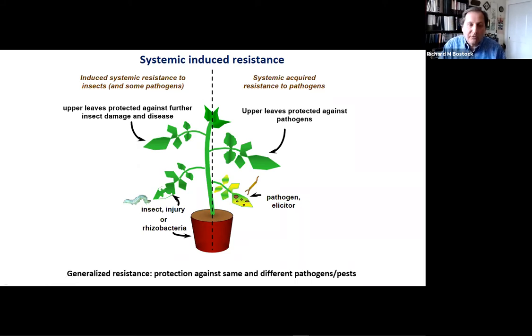So it's a generalized resistance that's triggering the plant. Induced systemic resistance is one type, and the other type is systemic acquired resistance. The kinds of signaling, by which I mean the chemistry orchestrating these responses, is a little different between these two types of resistance. Does that make sense? Okay.